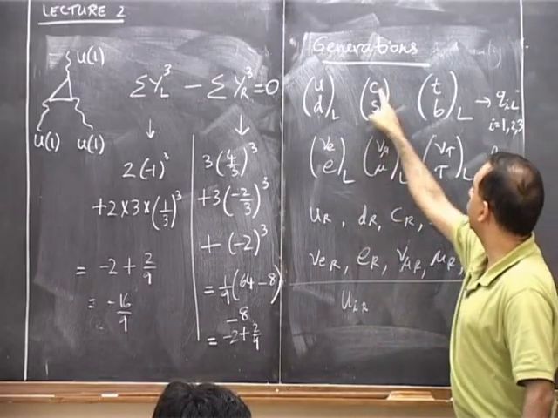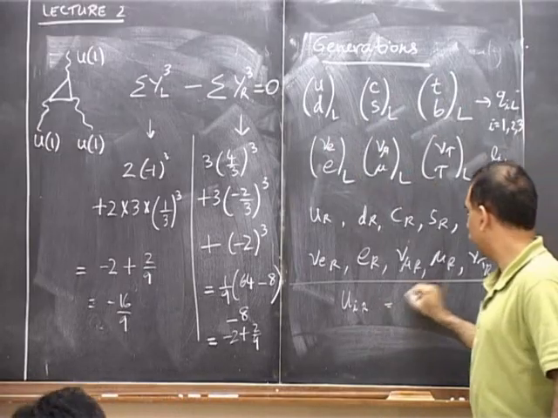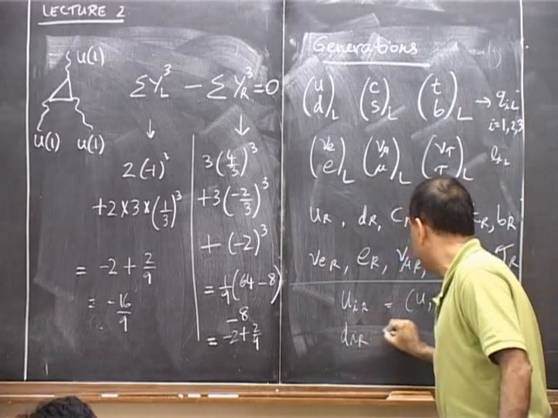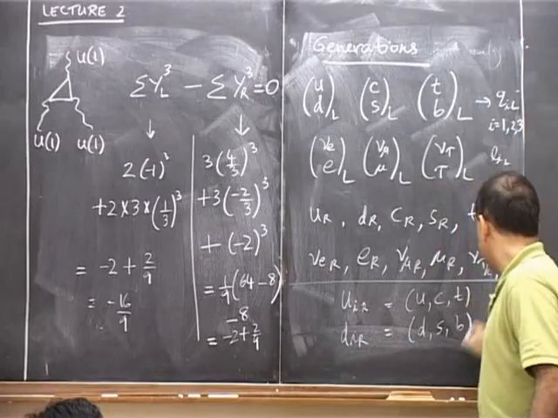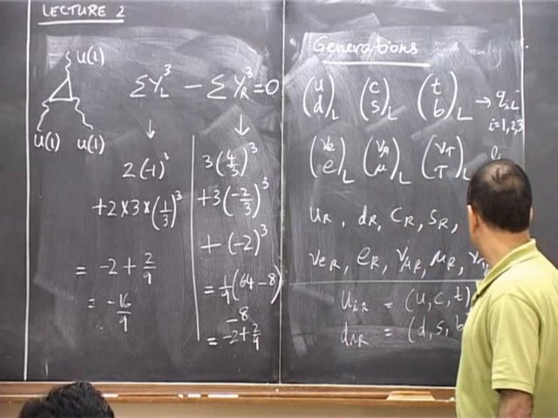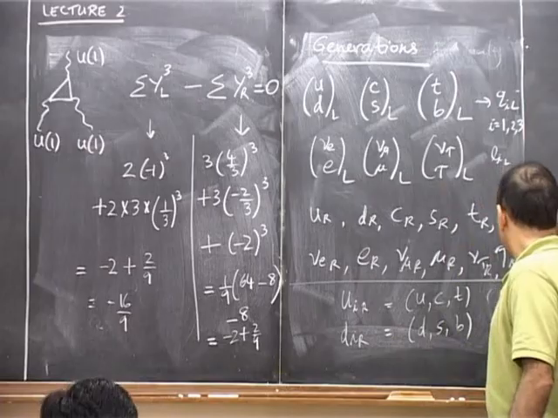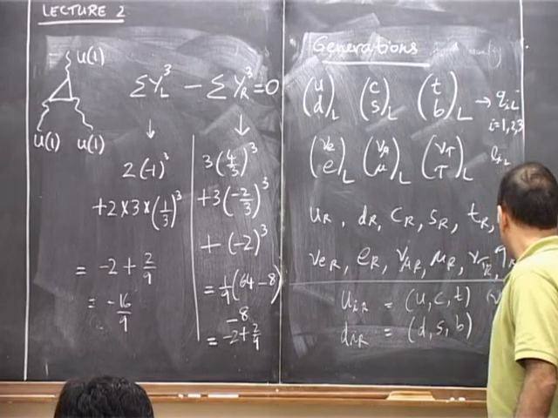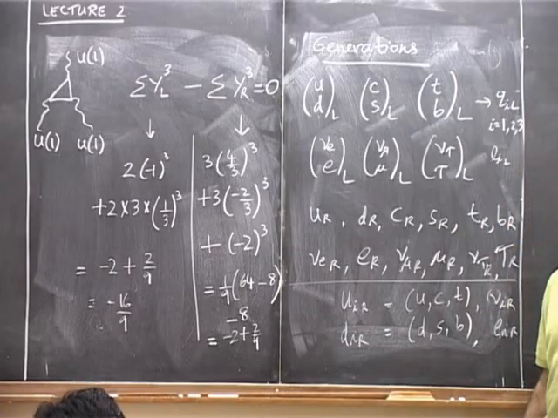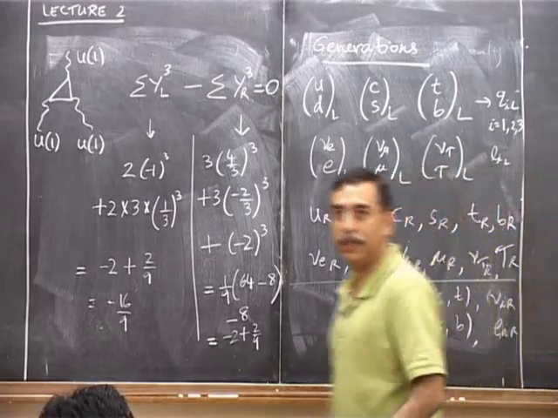So it means the up, the charm and the top quark. Those are U_iR. The down type are d, s and b. And similarly, electrons and neutrinos. So this notation takes care of all the fermions, and it carries an extra global index small i, which goes from 1 to 3, which is the generations.